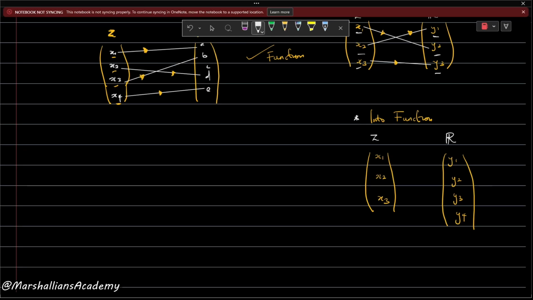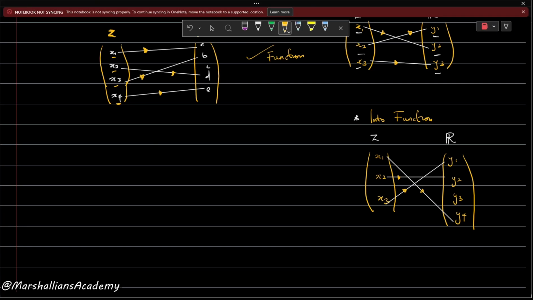Now, I'm mapping a relationship that looks like this. Now, this is an into function. Why is this an into function? You understand it now. This is an into function for only one reason.